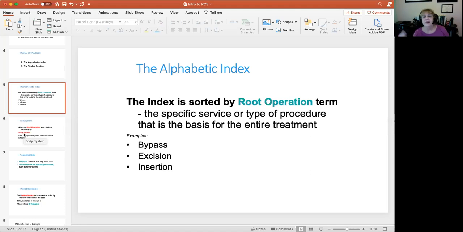So somebody give me an example of a bypass operation. A heart bypass? Excellent example, okay? So the heart bypass is not really bypassing the heart, and the heart is not being bypassed. It's really a blood vessel that has a blockage or a stenosis, a narrowing.